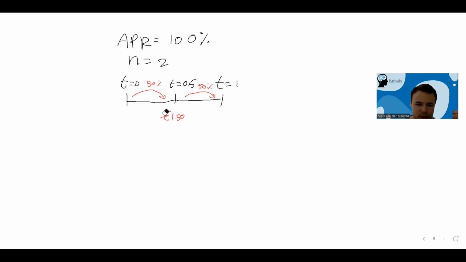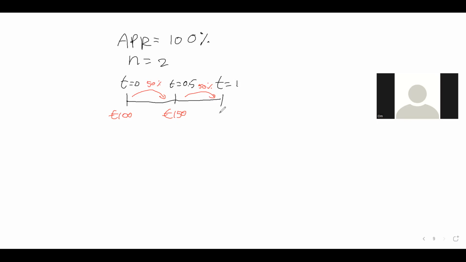Maybe I can also use the €100, then you maybe see it better. I start with €100, for example. Then now I have 150. And then how much you have after that year? If I get on this 150, 50% interest, do you guys have an idea? 225.